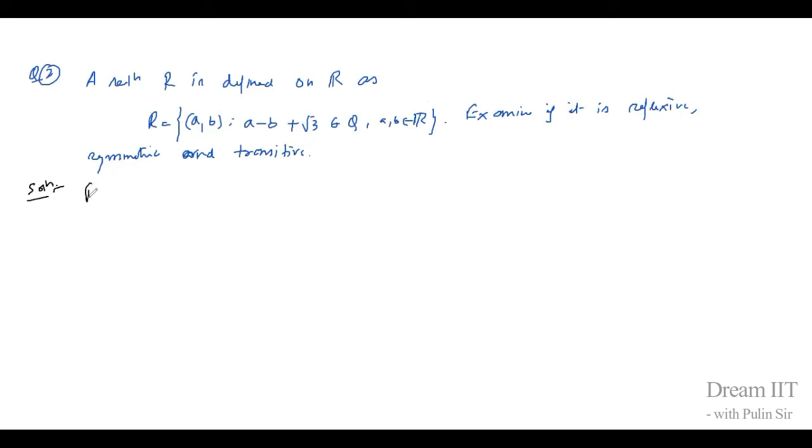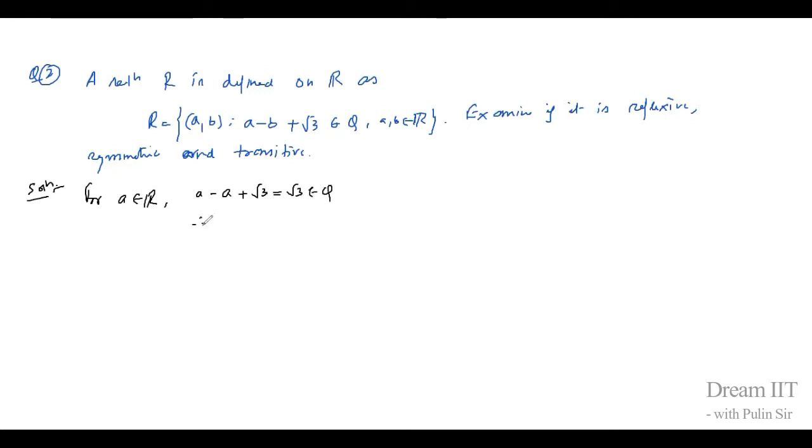Like we can write for A belongs to R. If we need to talk about reflexivity, I should say A plus A, these things should be belonging to Q. Then I can say, will this belong to this irrational? Yes, because it is root 3 and that belongs to Q.